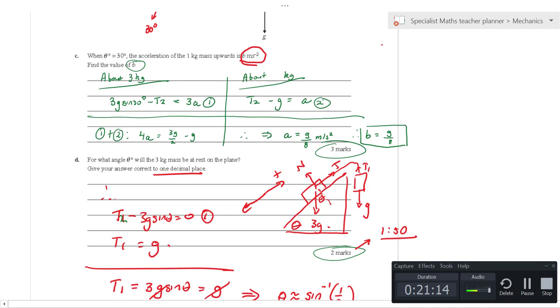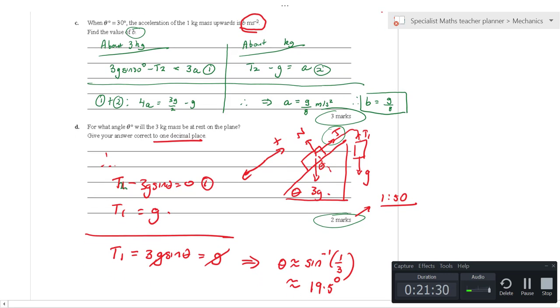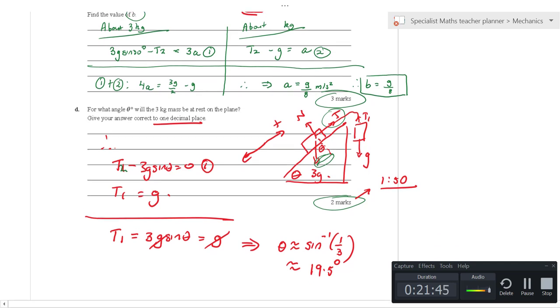So T2, which is this thing, in this case it's not moving, it's in equilibrium. So I'm going to call up the plane positive, and down the plane negative. So basically what we're saying is that T1 minus 3G sine theta, they're the two things acting, it's smooth, and then I use my calculator.